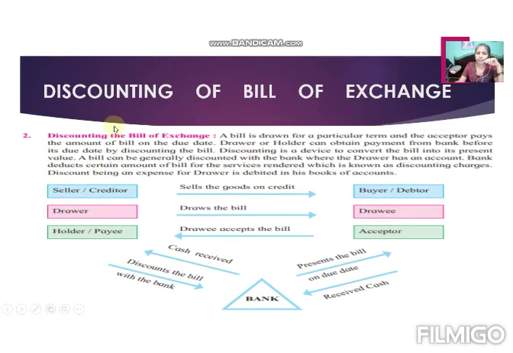So how does this particular thing take place? See here on the screen. We are starting from the very starting point. When the seller sells goods on credit to the buyer, he becomes a creditor. That's why here it is written seller slash creditor. The buyer, after purchasing goods on credit, is known as debtor.